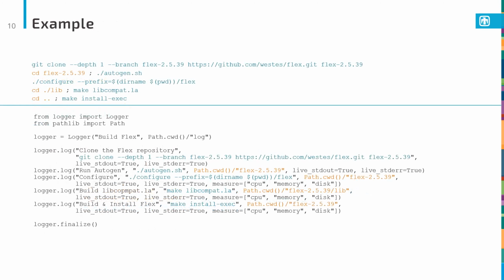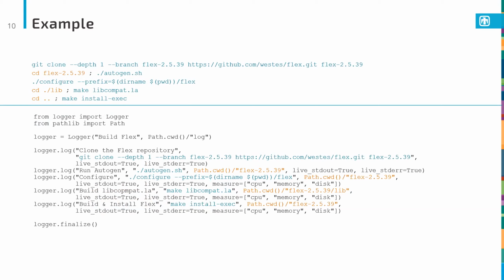Let me give a concrete example of a bash script being converted into a Python script using Logger. On the top half of the slide, we have a bash script that basically pulls the Flex source from GitHub. It'll cd into the location where Flex was downloaded, and it'll run autogen. Then it will run configure, providing a prefix on where to install.